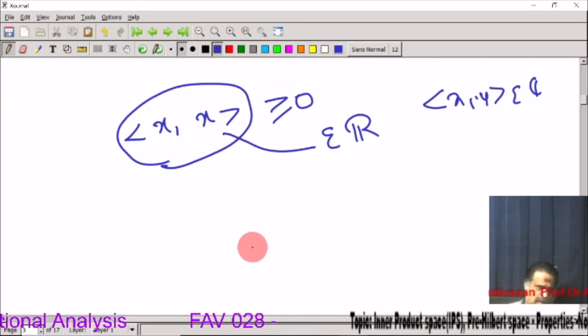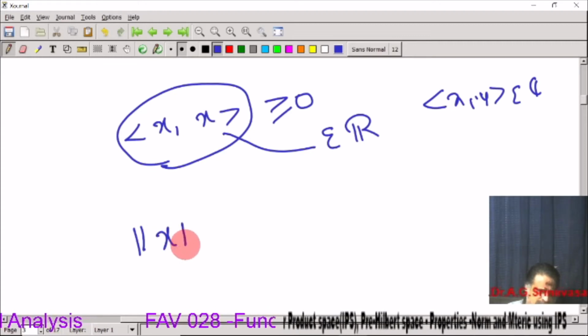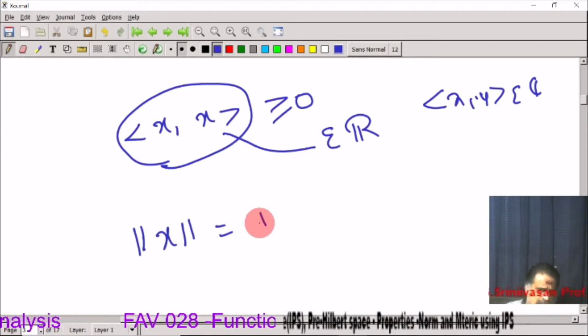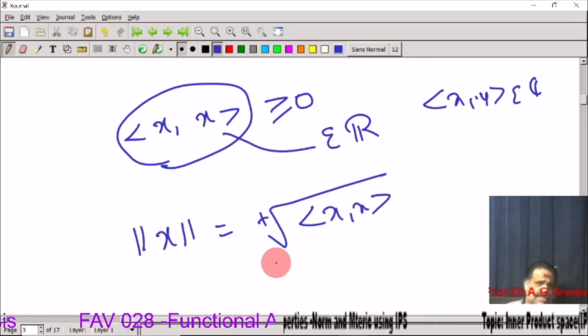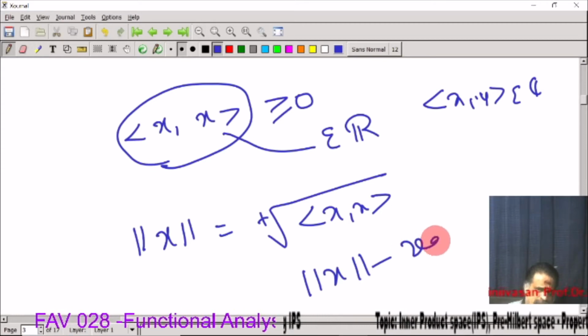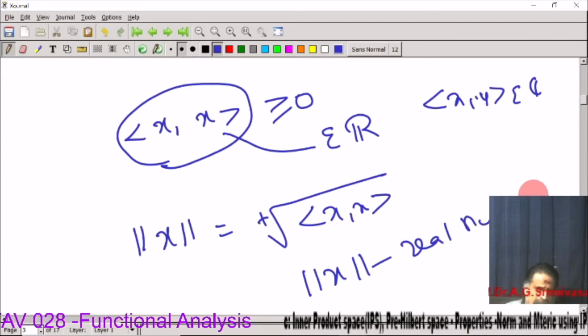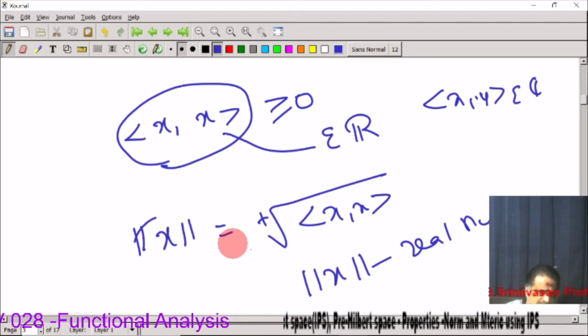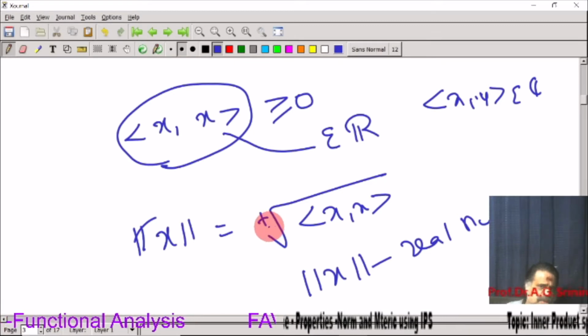That's the first point. So if you use the definition of this notation I called norm x, the positive square root of xx, the observation is that norm x is also a real number. Of course, I have to show norm x is in fact a real number, but this definition guarantees it's a real number because it is a positive square root of a real number.